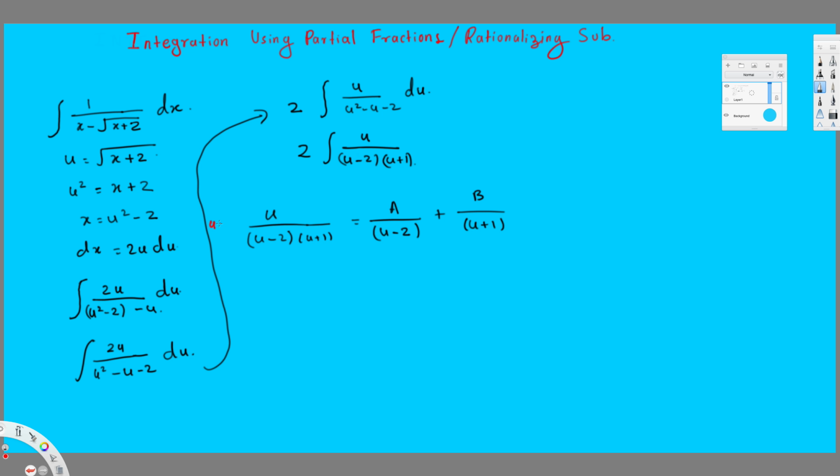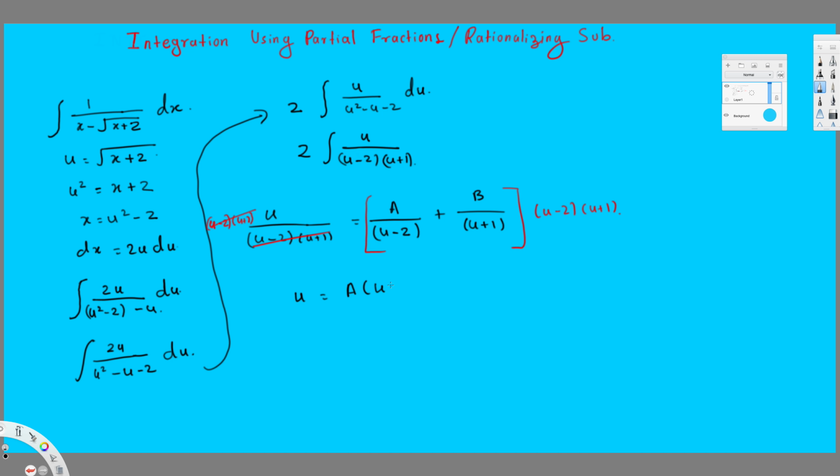We multiply by u minus 2 times u plus 1 on both sides. Here the u minus 2 will cancel, and we are left with u plus 1, and for the other one we are left with u minus 2. So let's write that down. We are going to have u is equal to A times, this is going to be cancelled, and we will be left with u plus 1.